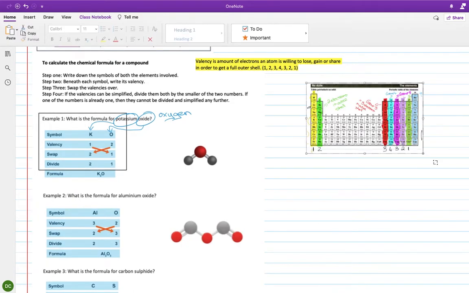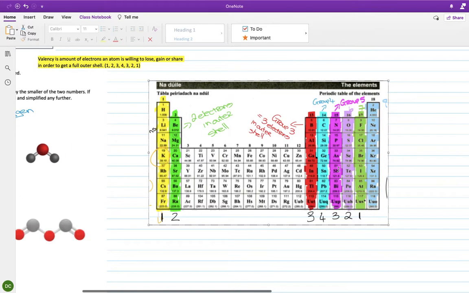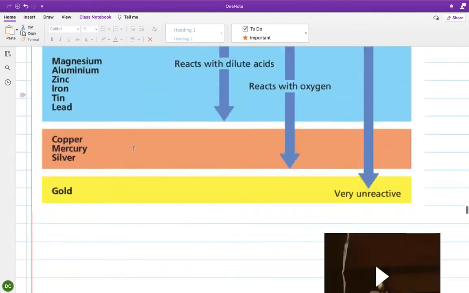So potassium K, you can see it here. It's in group 1. It has a valency of 1. Oxygen O is over here. It's in group 6. So that means it has a valency of 2. It wants 2 extra electrons.